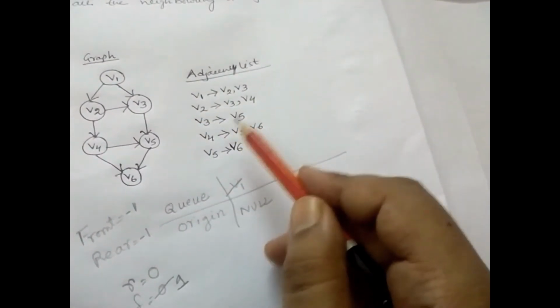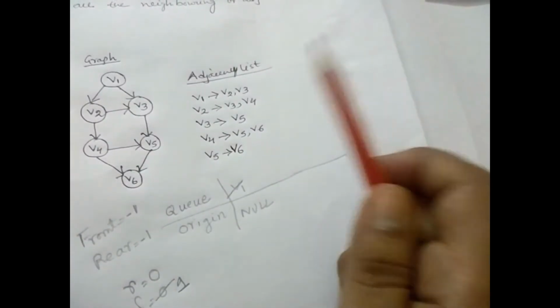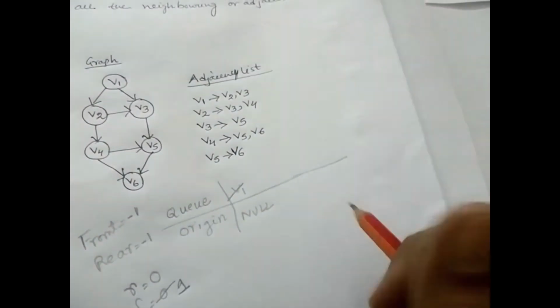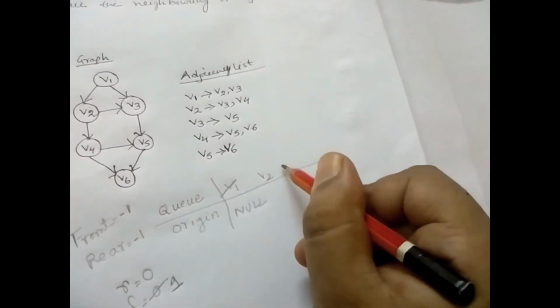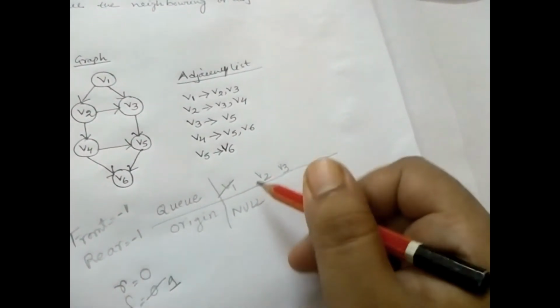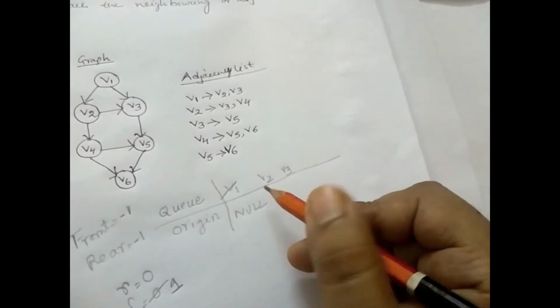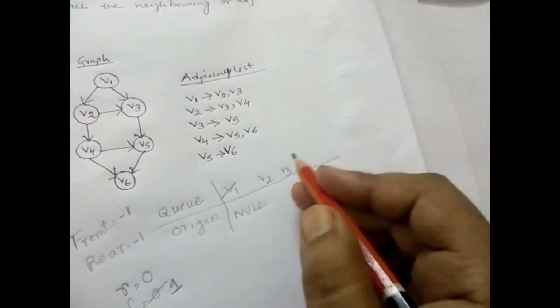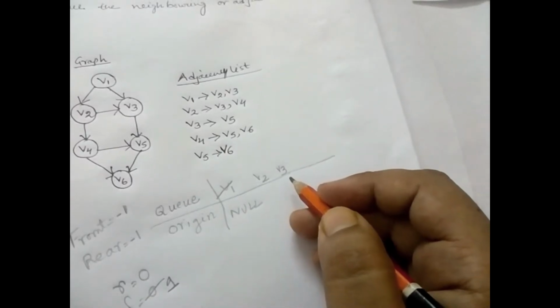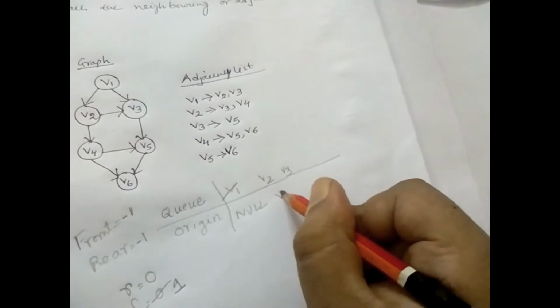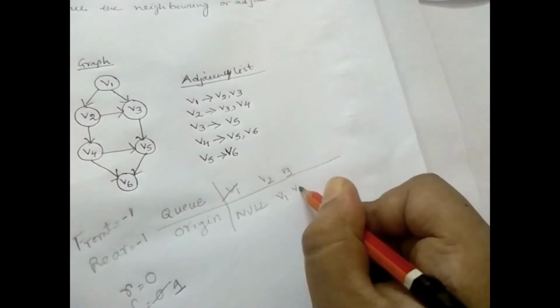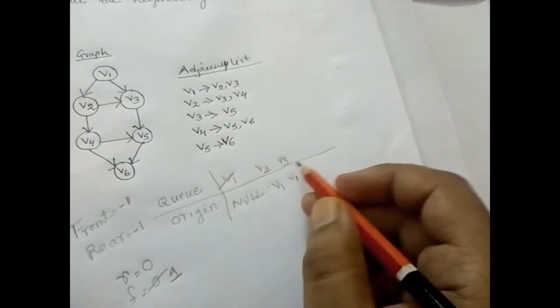Okay, check the adjacency list. v2 and v3 are adjacent nodes of v1, so add v2 and v3. And v1 is the origin of v2 and v3, so add v1 here.